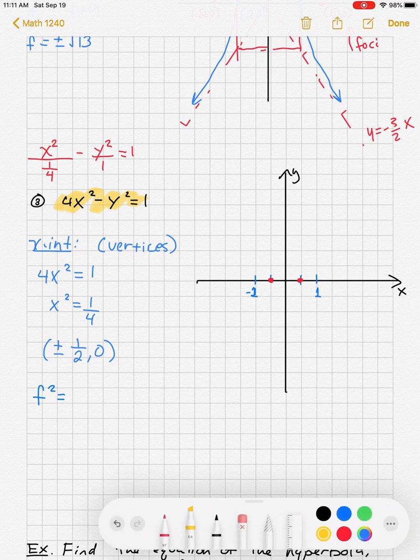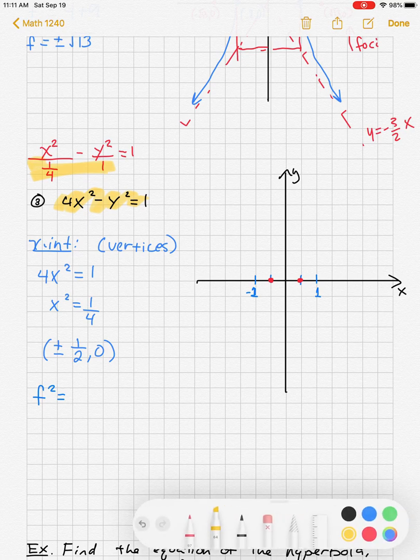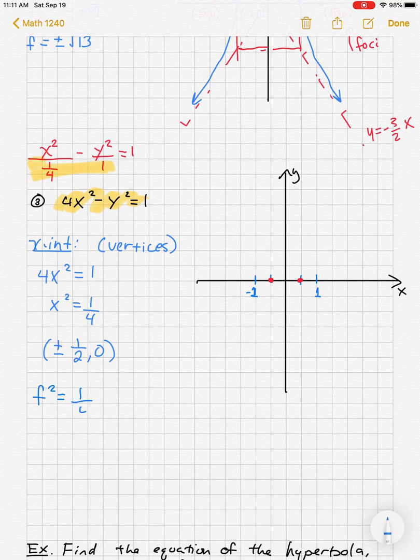So when I'm looking to find my numbers for my focus equation, I'm looking at a quarter plus 1. So f squared is actually 5 quarters. So plus or minus root 5 over 2. What is that? Root 4 is 2. It's a little bit bigger than 1, huh?